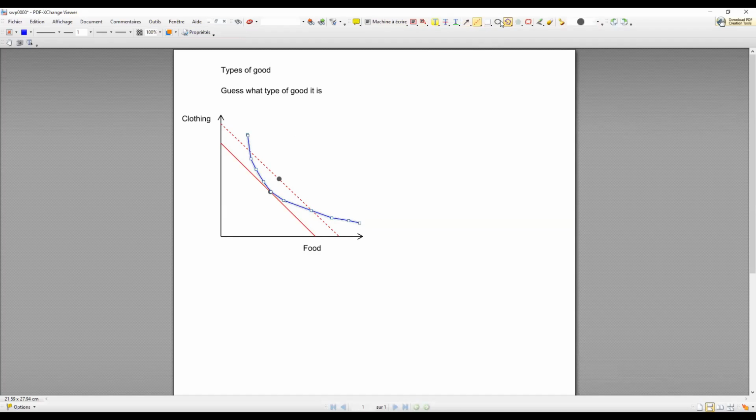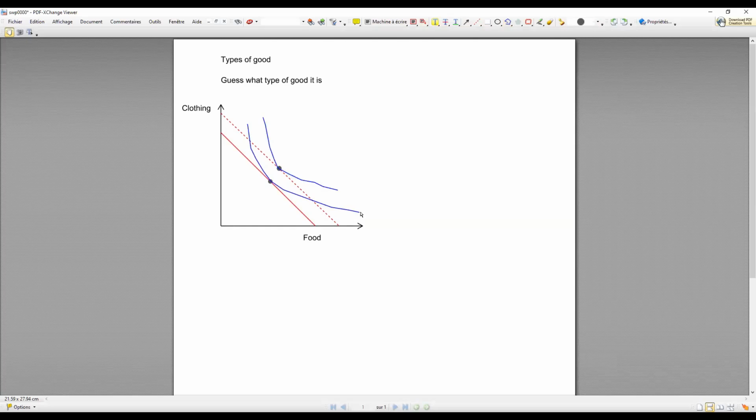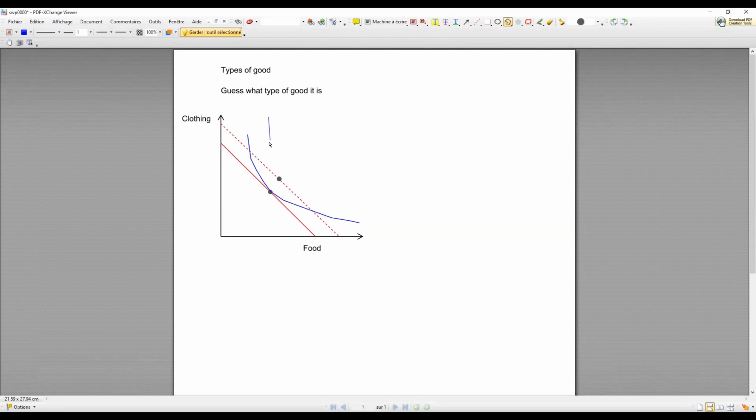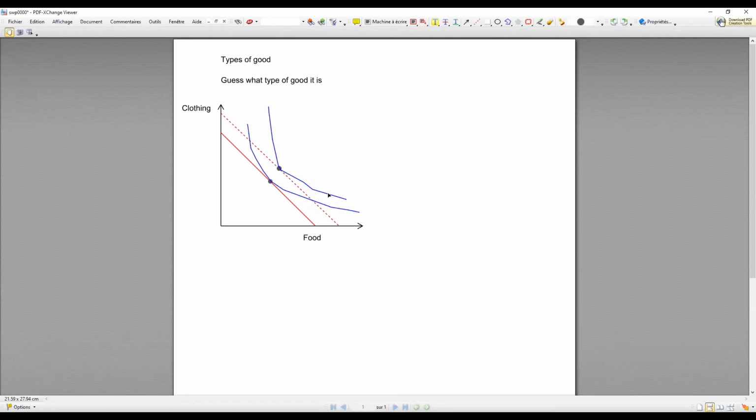And then I have another one. Well, it should be more concave, but yeah. Let's do it better. Wow, I'm not good at drawing stuff this morning.